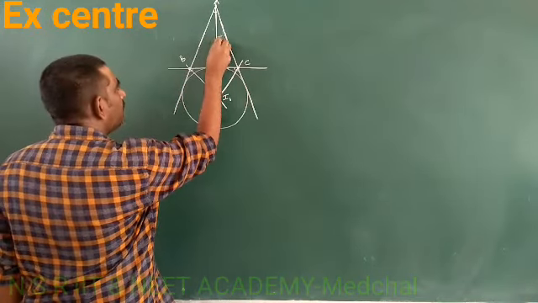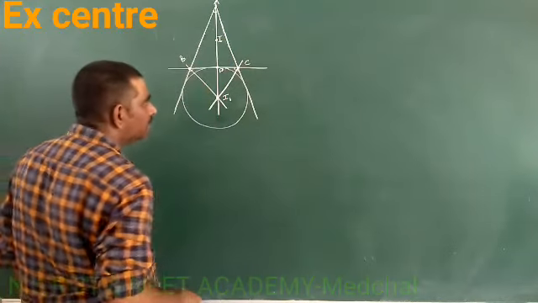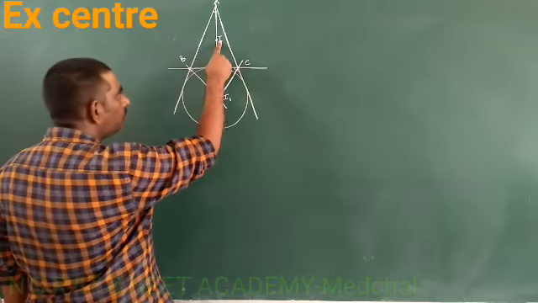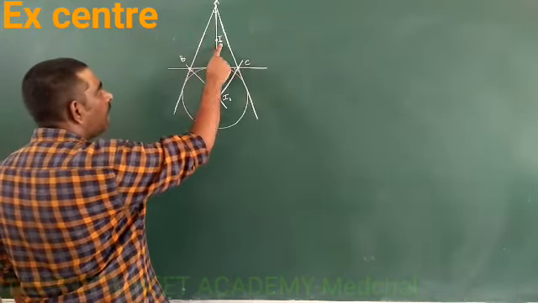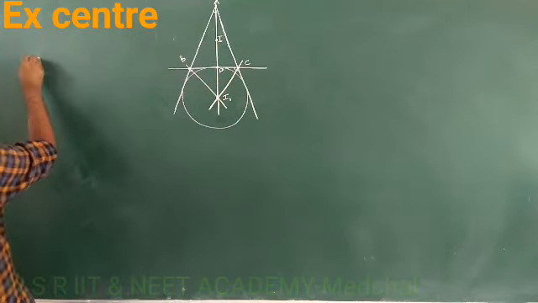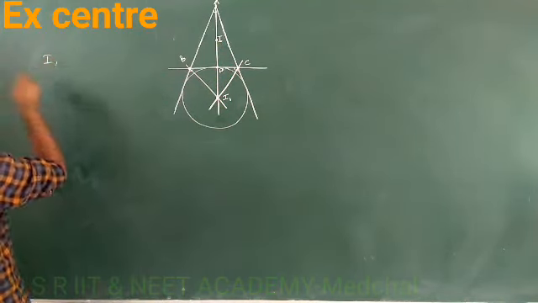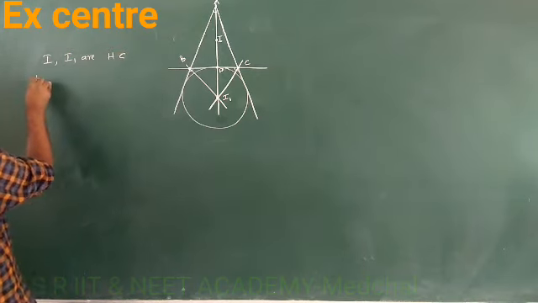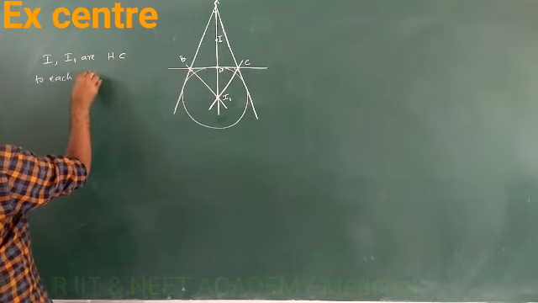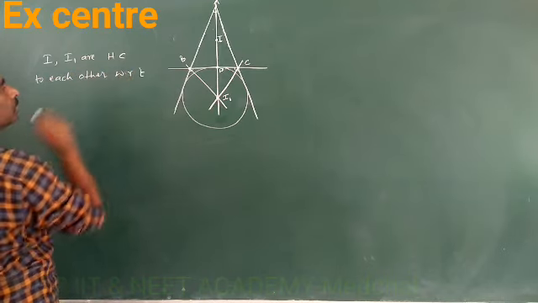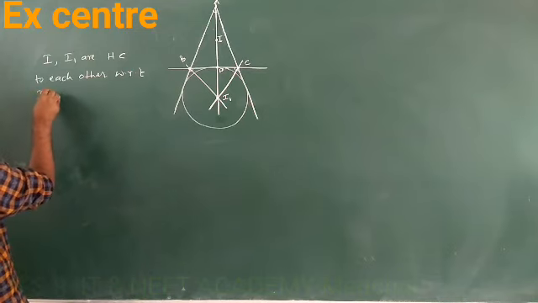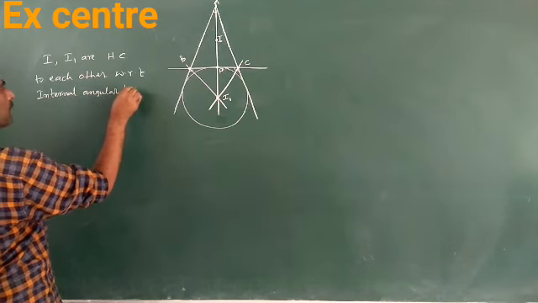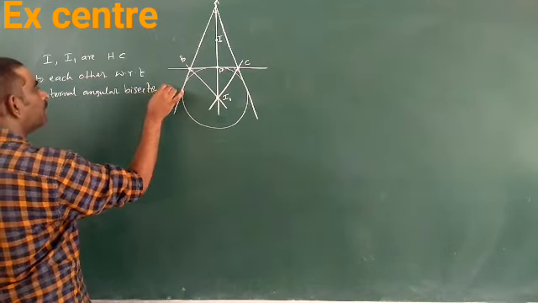So AD is the internal angular bisector, and this one is the incenter. On the angular bisector AD, I and I1, the incenter and excenter, are harmonic conjugates of each other with respect to the internal angular bisector AD.